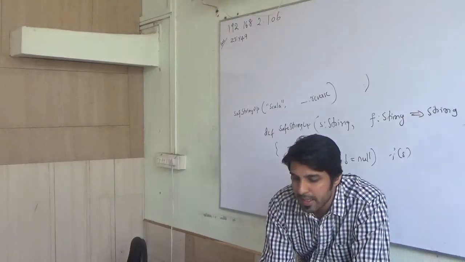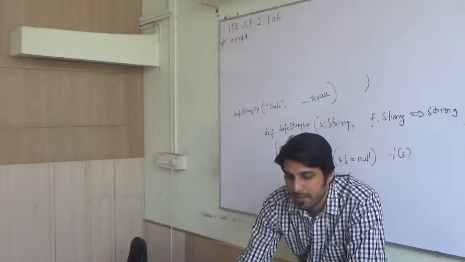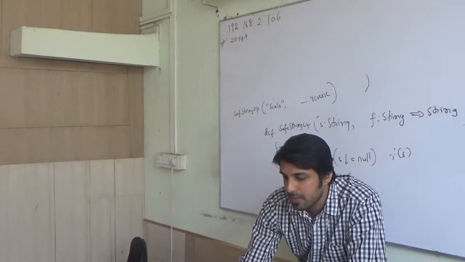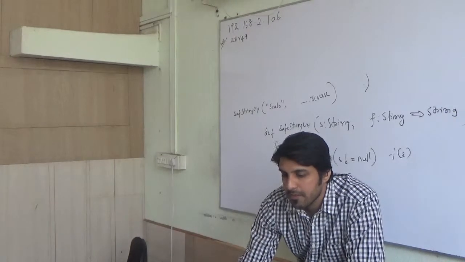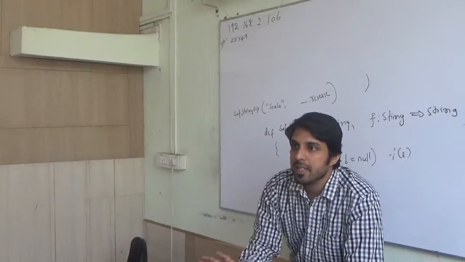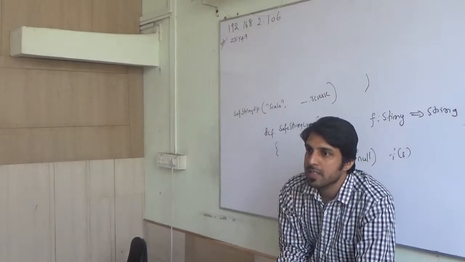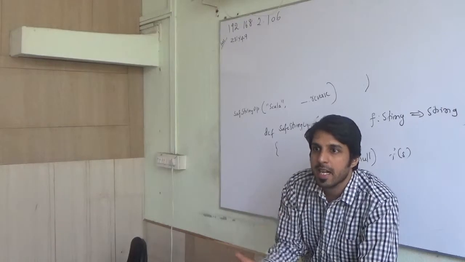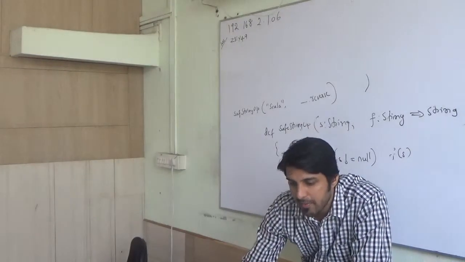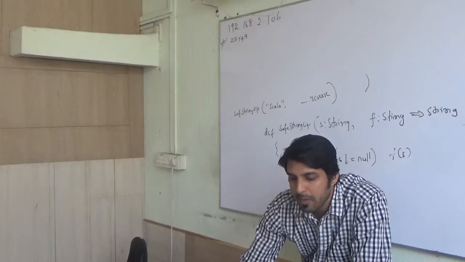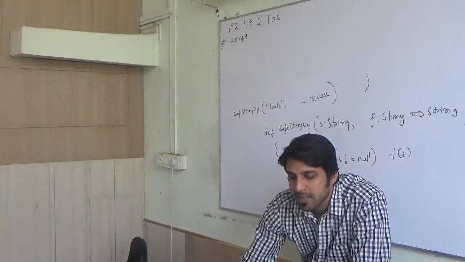Next we are using the same thing as a generic function. The first were only int functions, they cannot take any other data types. Now if you want to make a function generic so that it takes any data type, here we are saying A comma B as the function's data type.